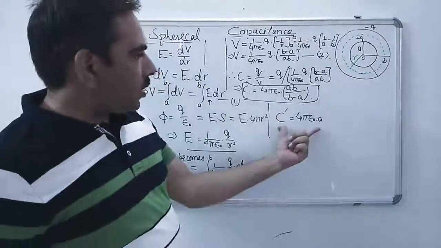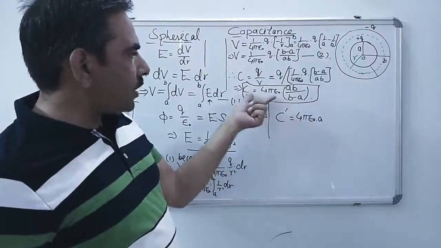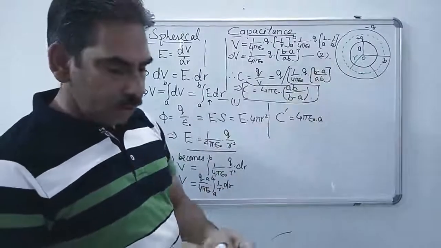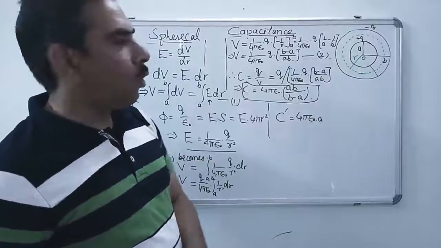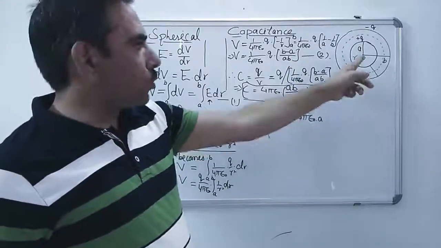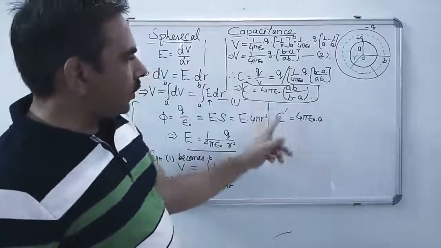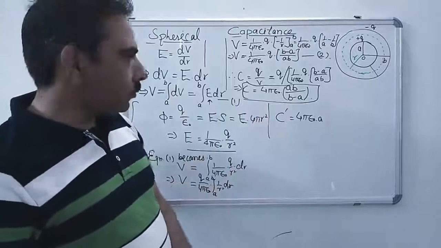So this was the capacitance of a single sphere, and this is the capacitance whenever there are two concentric spherical shells, or whenever we have brought another spherical shell close to the earlier sphere. Then let us compare the capacitance of the two.